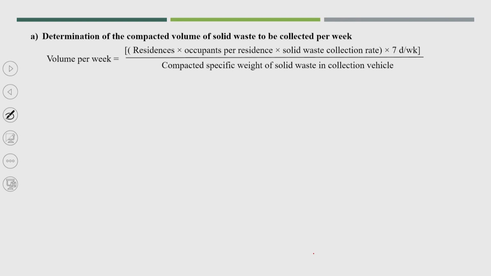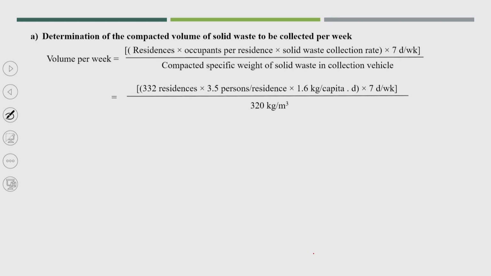The residences are 332, as we calculated, 3.5 persons in each residence, the per capita generation, and 320 is the specific weight of solid waste. By that way we can calculate the volume per week as 40.67 meter cube.